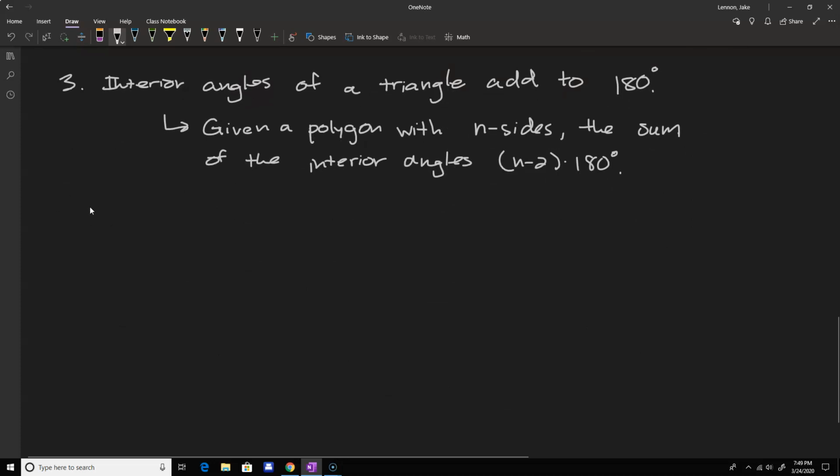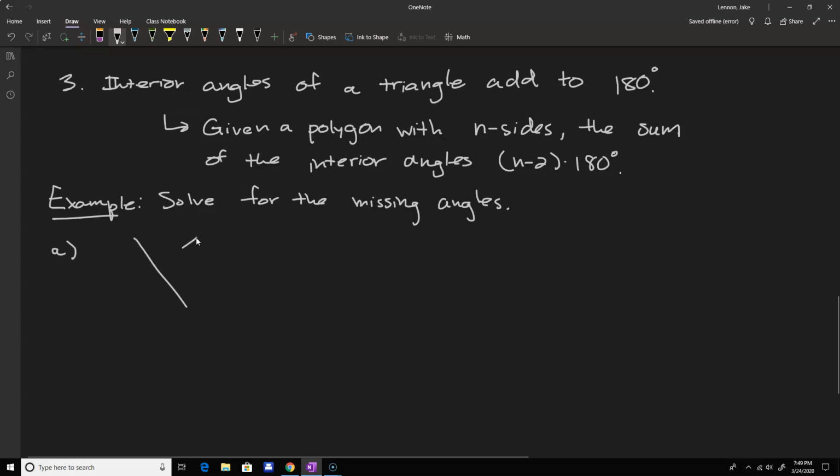So example, we want to solve for the missing angles. So let's suppose we have a collection of maybe just 2 intersecting lines.